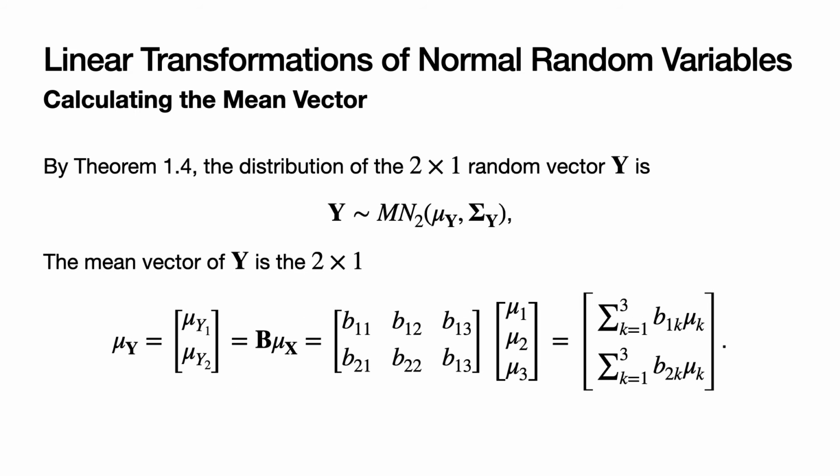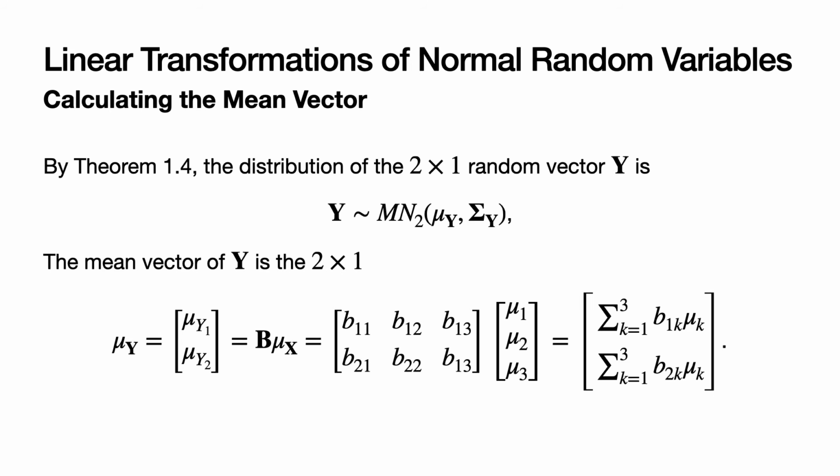Now again, we can appeal to Theorem 1.4 because it applies here, and this corollary is a special case of Theorem 1.4. And so if we do this, we see that the distribution of this 2×1 random vector y is the multivariate normal distribution of rank 2 with mean vector mu sub y and covariance matrix cap sig sub y.